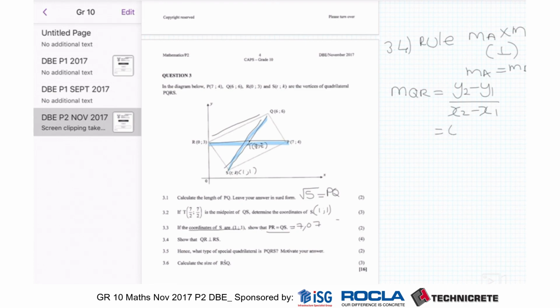So Q is 6 minus 0 over 6 minus 3, 6 over 3, which is equal to, oh, I'm supposed to be putting y values at the top, sorry about that. So it's 6 minus 3 over 6 minus 0, which is 3 over 6, which is equal to a half.